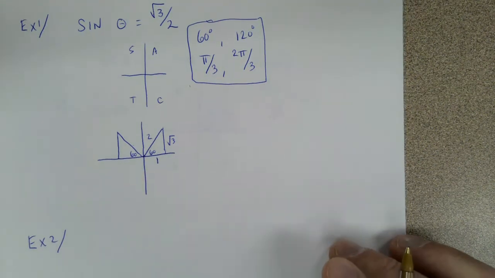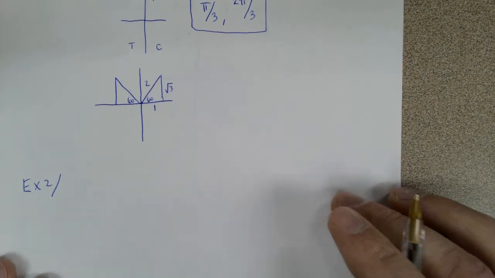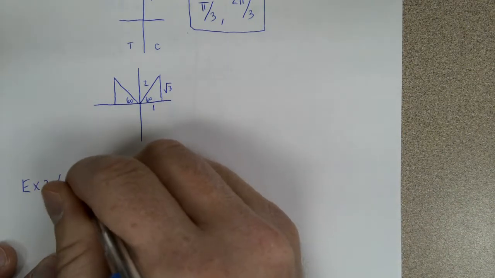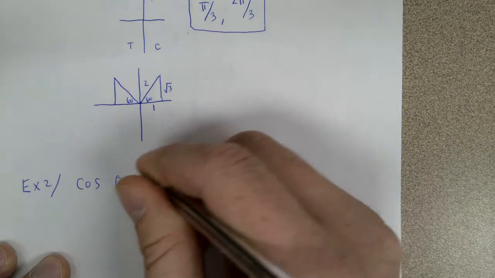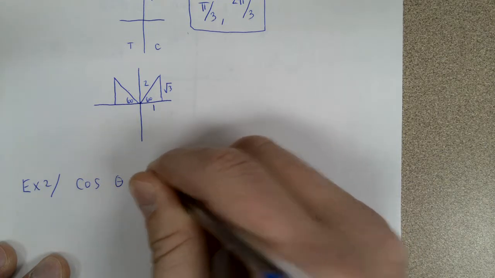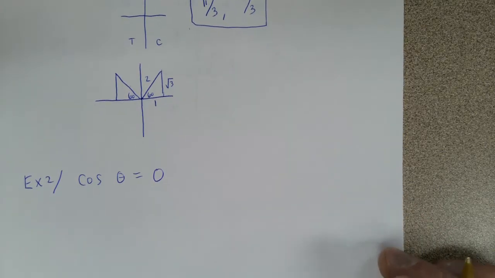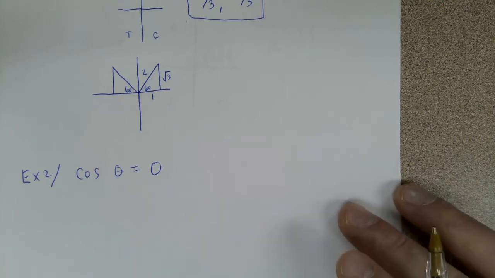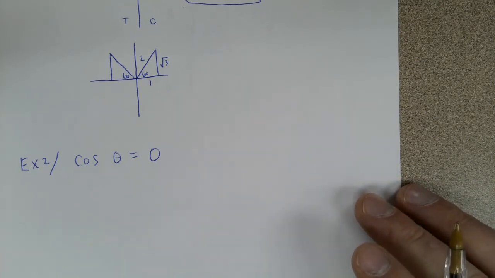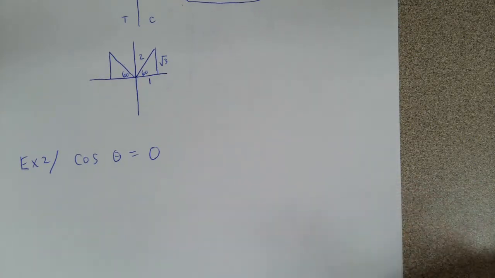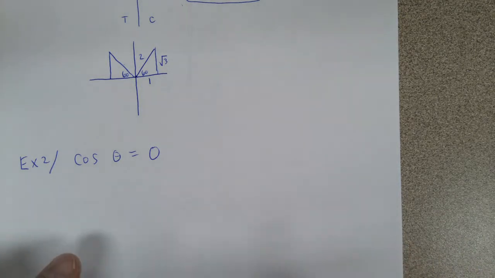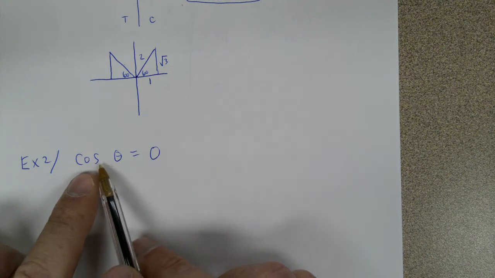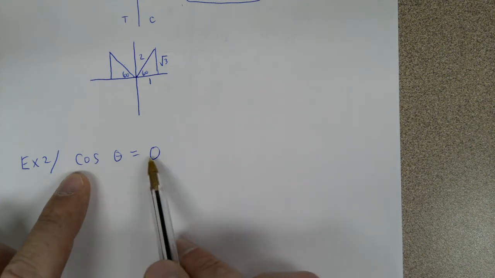Okay, let's look at another one. Let's do the cosine of theta equal to 0. Well, the thing you want to remember here for cosine is, we're not going to be in any of our quadrants and get 0.